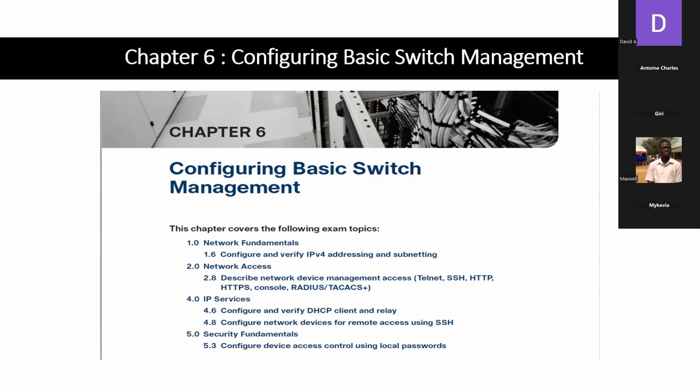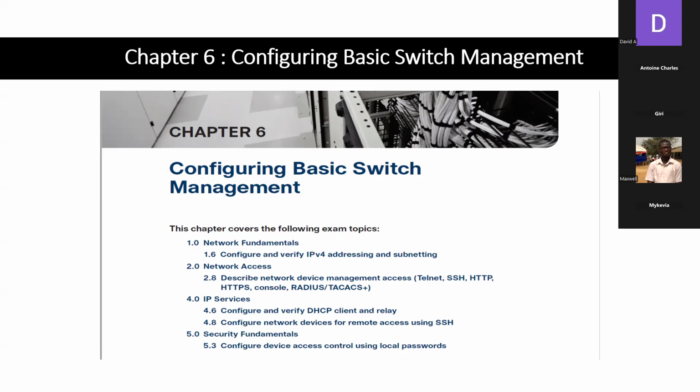Here are the objectives that we're going to tackle today from the CCNA 200-301 PDF that goes over what's going to be covered on the exam. This chapter is going to cover 1.0 network fundamentals, 1.6 configure and verify IPv4 addressing and subnetting, and 2.0 network access, 2.8 describe network device management access.